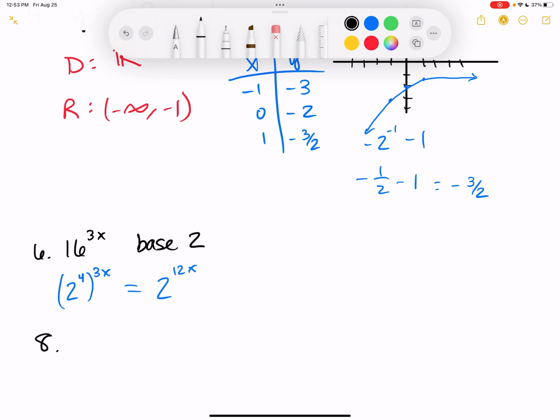Same instructions: 1 over 27 raised to the x, and I want this in base 3. Ideas about this one? Yep. So I basically need to get 27 on top, so make the exponent negative and rewrite it as 3 cubed, so it'll be 3 to the negative 3.